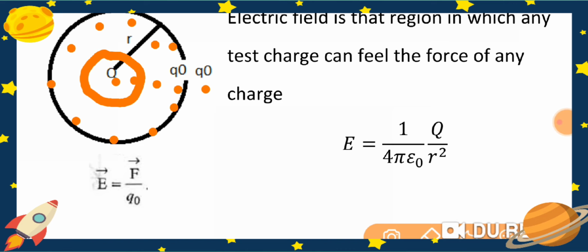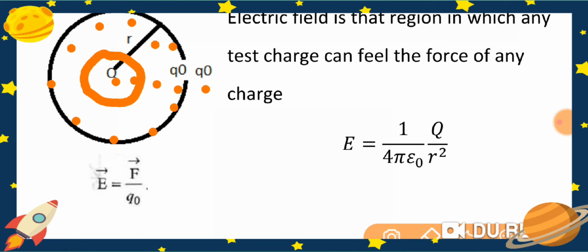So we can say that the whole region, the whole area up to which any charge can apply force on any test charge is simply treated as the electric field.